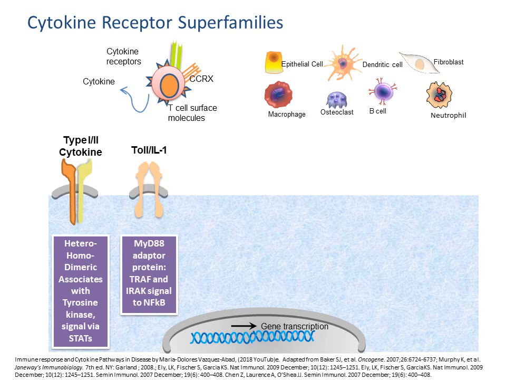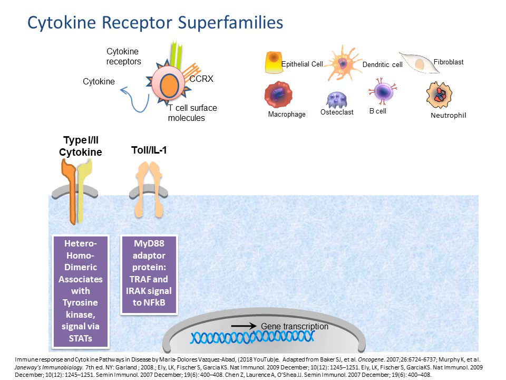The second superfamily is the one we know as the toll-like receptors, which is the one that interleukin-1 uses. The intracellular signaling is a bit more complex.